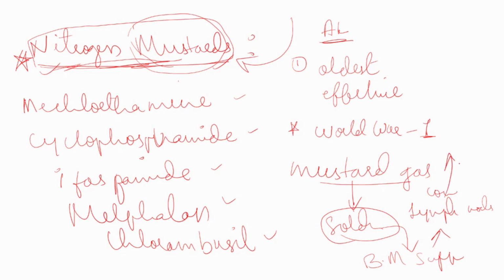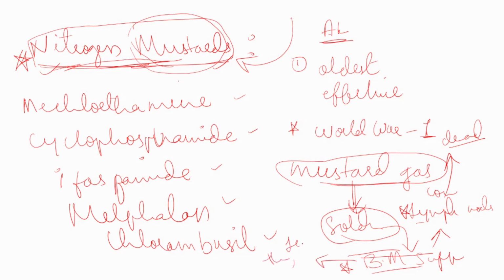With that, most patients died. These two are very important actions. When bone marrow was suppressed, the patient had thrombocytopenia, leukopenia, pancytopenia, anemia, and the patient died.